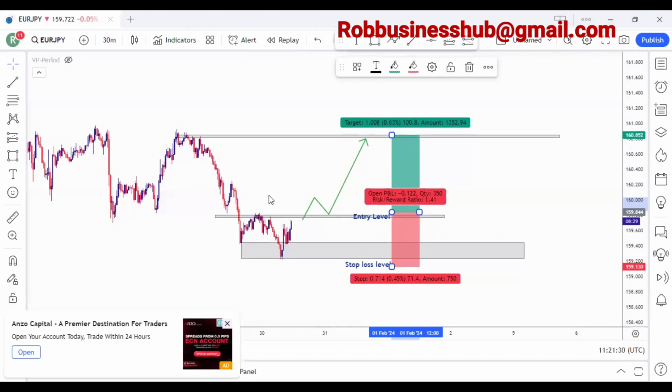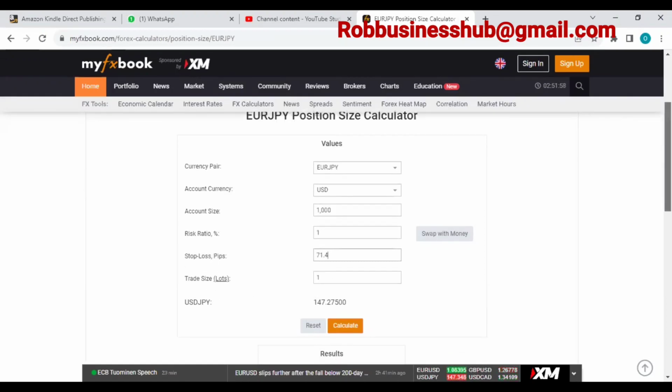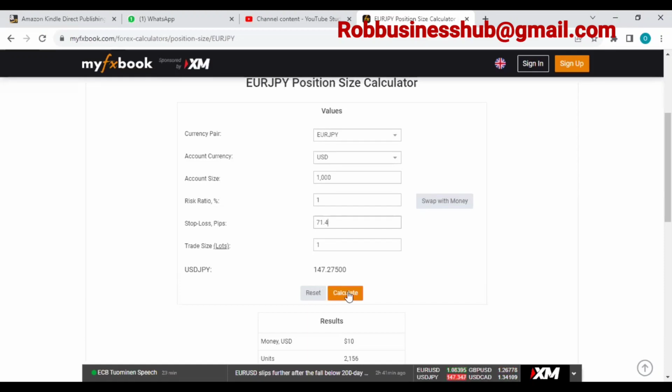So 71.4, that's our stop loss pips. Then the trade size lot is a standard lot. Then you click on calculate.